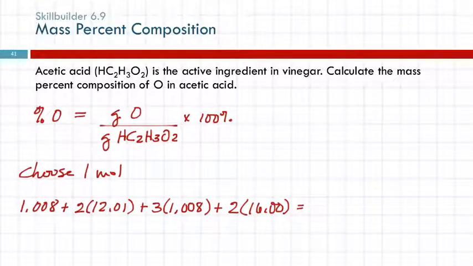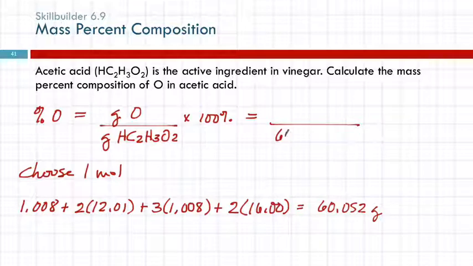So 1.008 plus 2 times 12.01 plus 3 times 1.008 again, plus 2 times 16 equals 60.052 grams. That's the mass of 1 mole. So that's the mass of 1 mole of acetic acid.